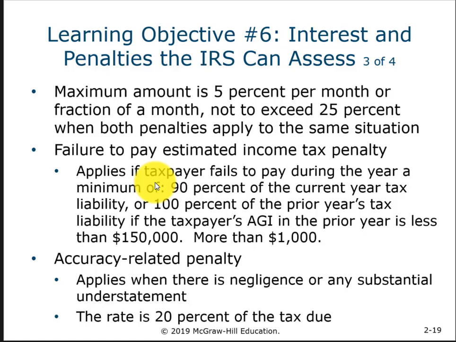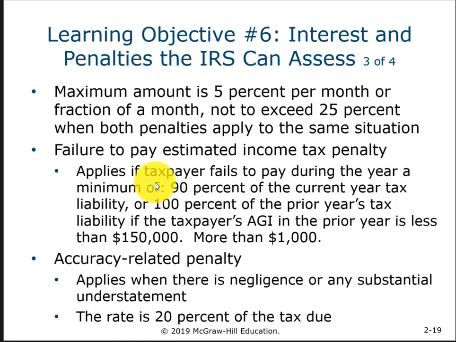Okay? And if what they end up owing is less than $1,000, we're not going to charge you anything. So you need to do that as you earn the income, or at the latest by January 15th, or whatever the closest business day is after the year that you earned it.